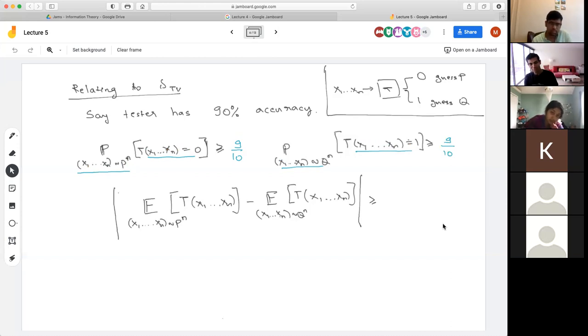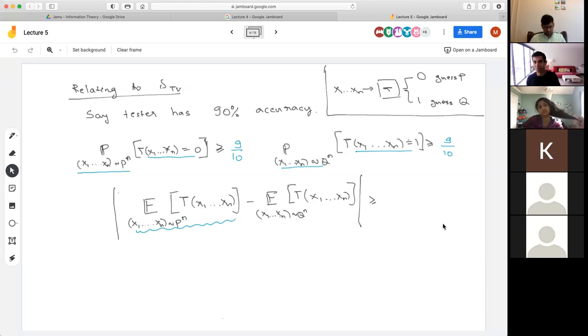So now we can write it in terms of this one sample distinguisher kind of language by saying you just think of T as a function on x1 to xn. And we know that by assumption, it's a 90% accurate distinguisher, which means that the expectation of T when I sample from P will be 0 with probability at least 0.9.